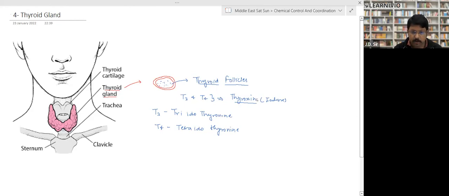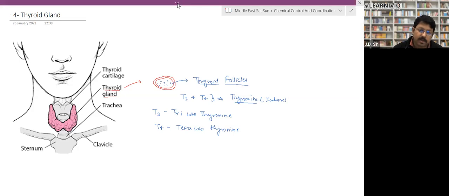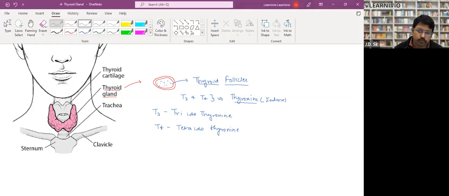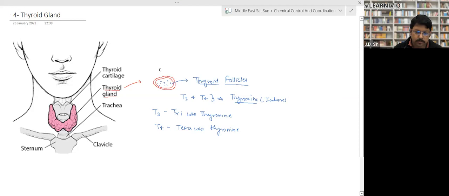Other than thyroxine, there are some other cells found over here. These are small spherical, globular cells. These cells are called C cells. What exactly they secrete is not fully known, but they are responsible for the secretion of thyrocalcitonin.